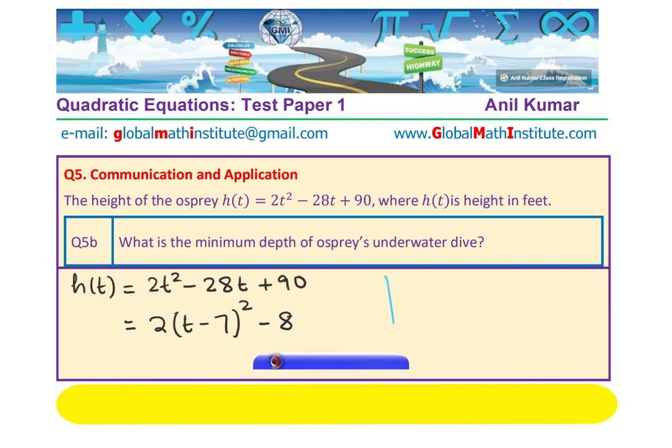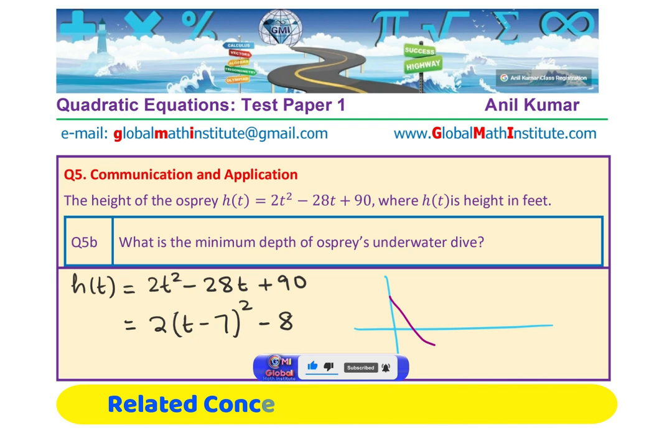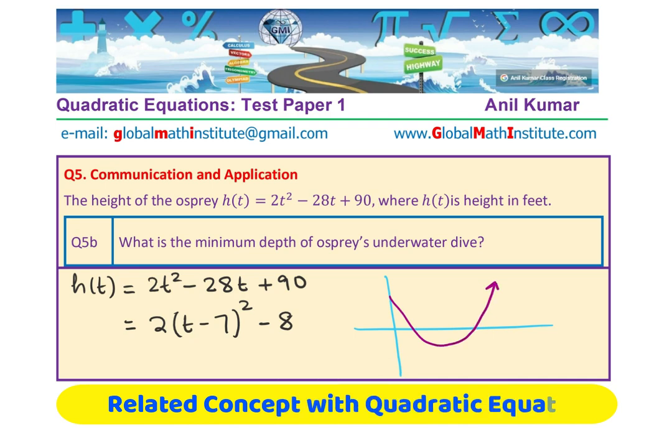If you want to interpret this, it will be something like this, that the bird goes like this, right? Where this minimum value occurs at, that is the time, right? And this is the height. And this minimum value is -8, which occurs 7 seconds after.